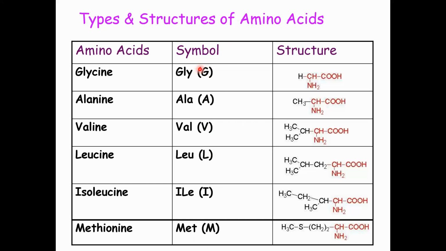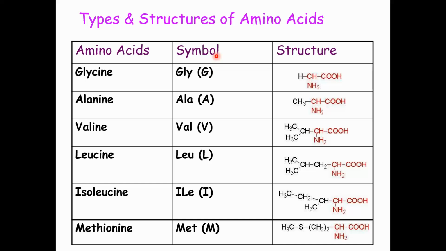It is very important for you to remember which amino acid is designated with which letter. So glycine we designate with G, and the short form of glycine is Gly; alanine is Ala, and A; valine is Val, V, and so on.